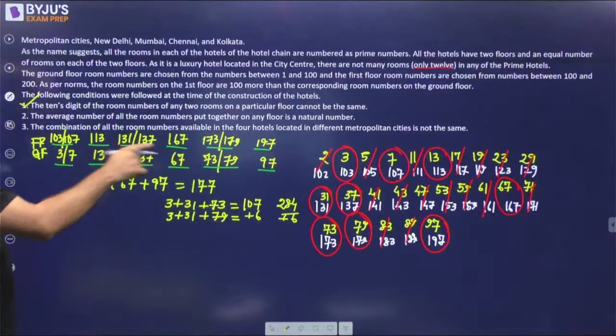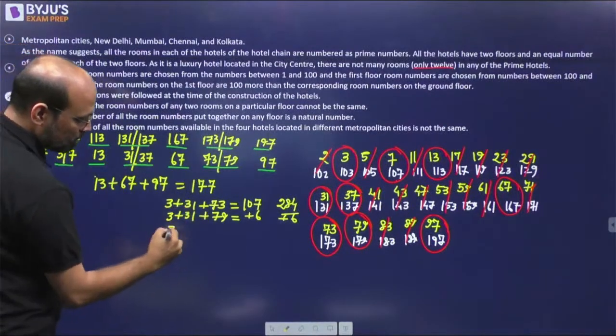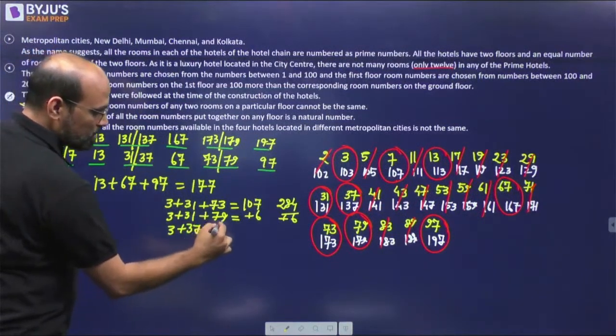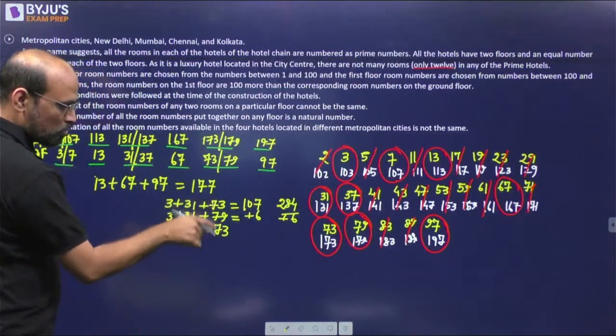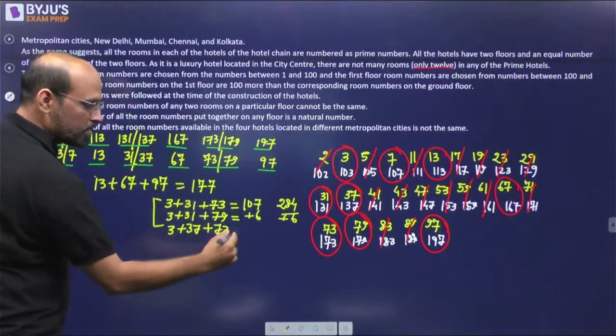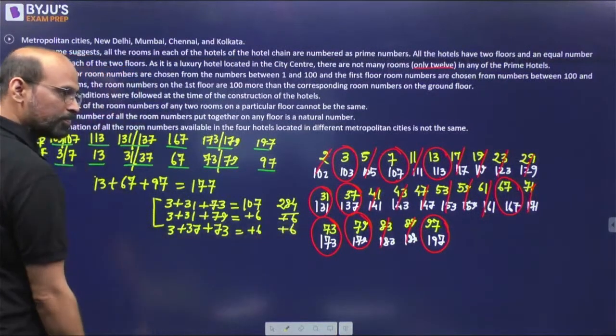So we can't have this combination. What if I change 31 to 37 and keep 73? If you compare this and this, there is an increase of 6 here. So with this increase of 6, it will still not be in the table of 6.